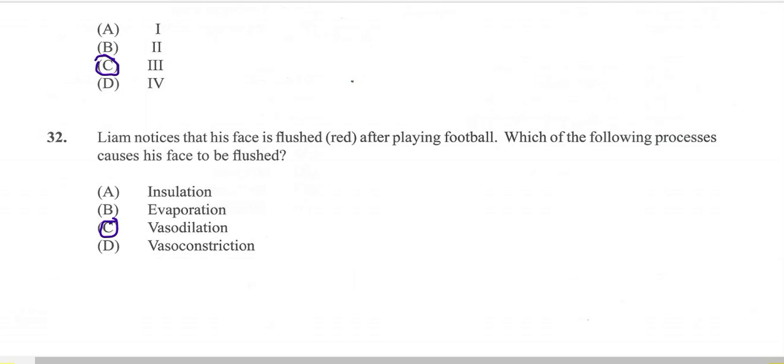So what we're seeing is pretty much blood flowing through the blood vessel as a result of vasodilation. The opposite of vasodilation, if this person was pretty much cool, it would have been vasoconstriction. Alright, so the answer here for 32 is going to be C.